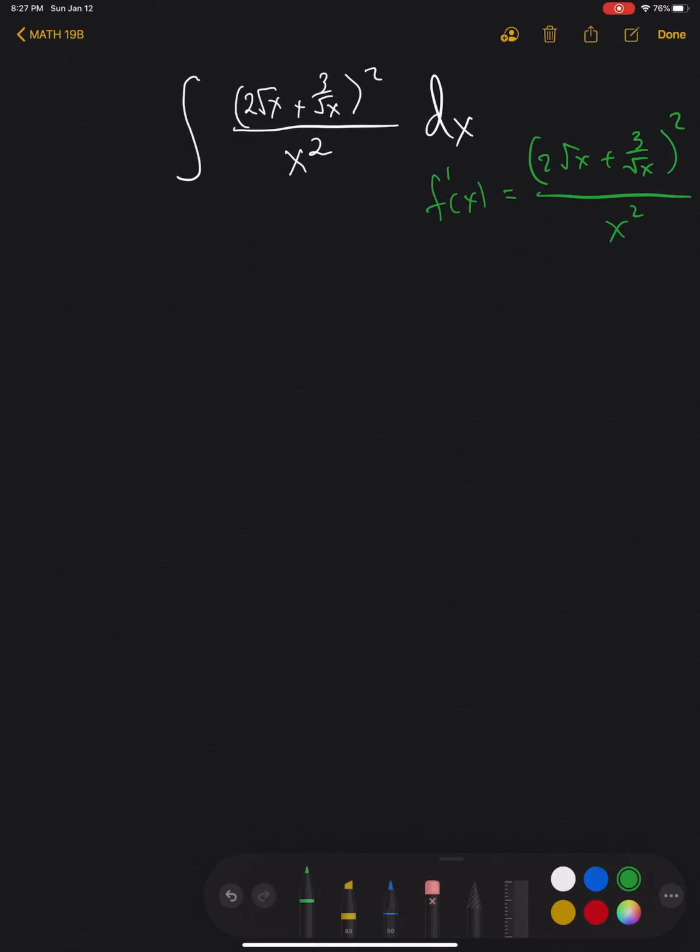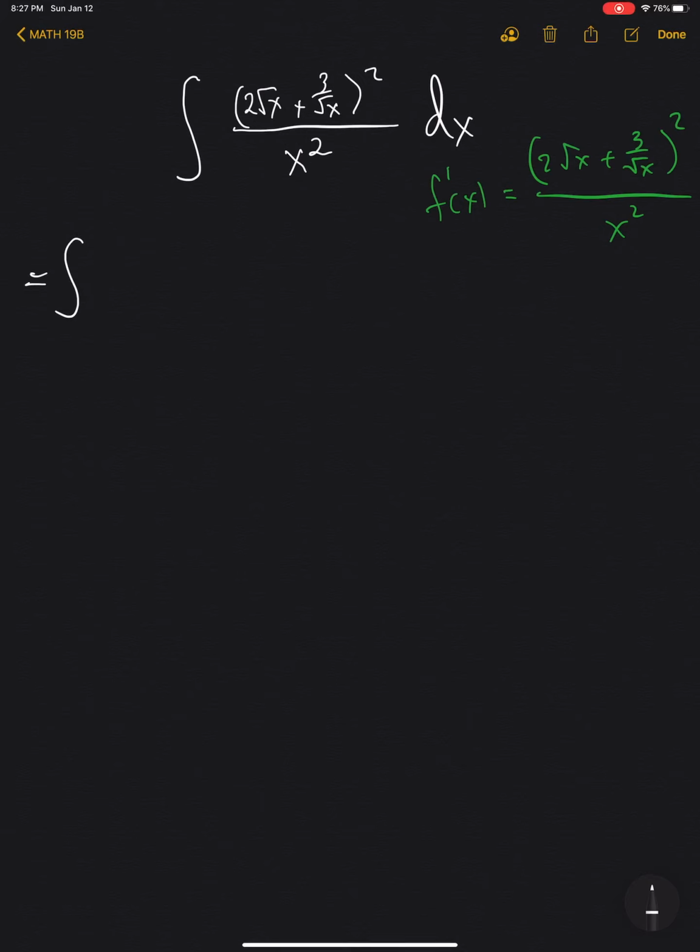So all I'm going to do is expand this. I'm going to work out the algebra, and then we can work out the antiderivative. The very first step usually is to work out the algebra, which means I'm going to work out the square, and then the division by x squared.